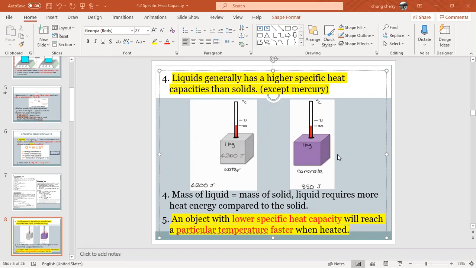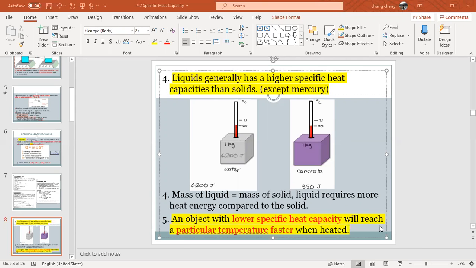So if you compare a solid and a liquid, solid will have a smaller specific heat capacity than liquid. So an object with a smaller specific heat capacity will reach a particular temperature faster when it's heated. In another word, it will heat up faster. At the same time, it will cool down faster as well.